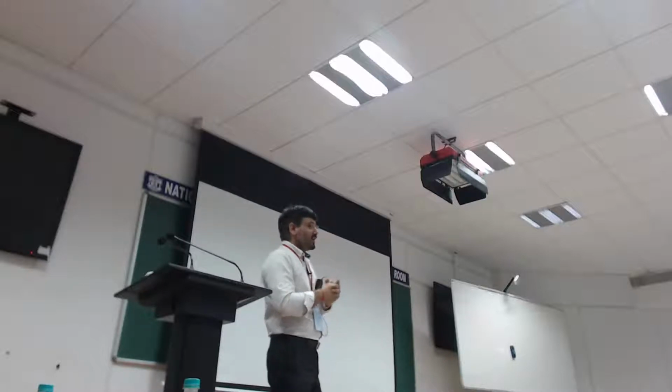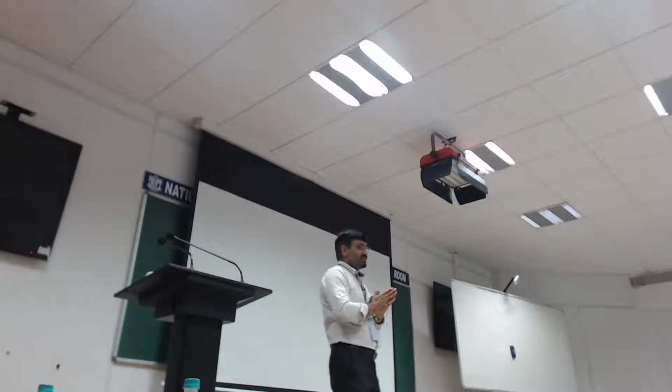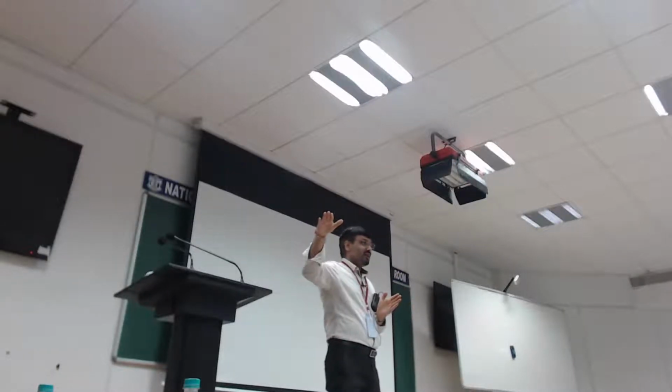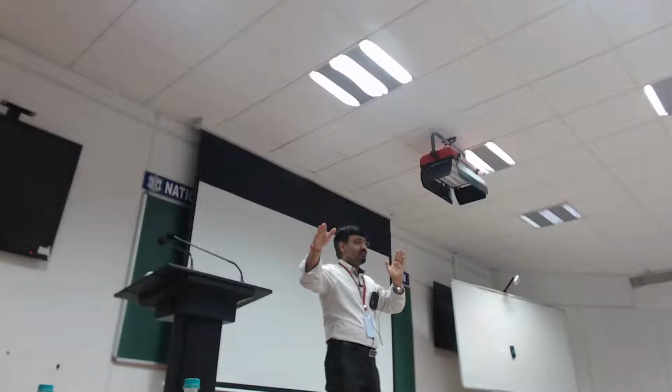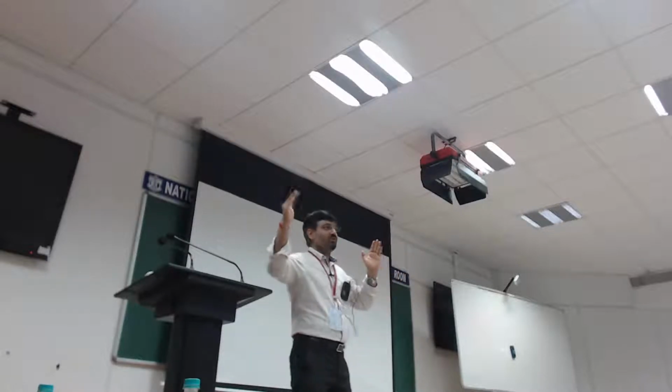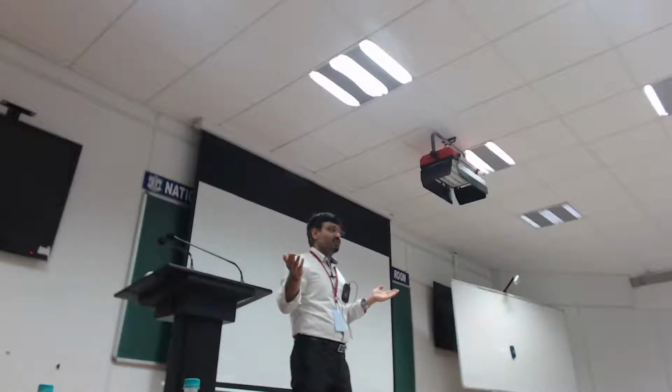See, a low frequency signal means it's almost a constant signal. Even if you tell me t equal to 5 minutes it was 2, or t equal to 10 minutes it was 2, it hardly matters to me, because it does not vary.